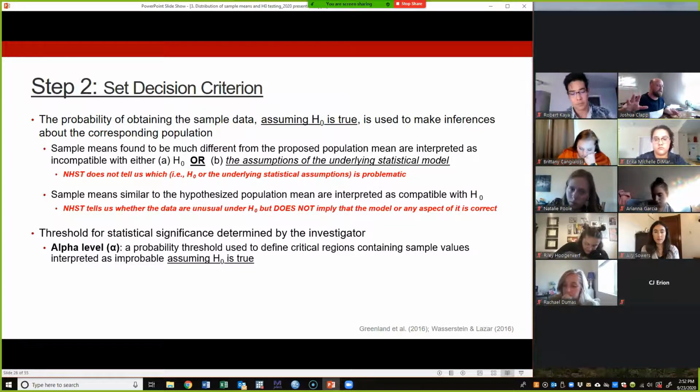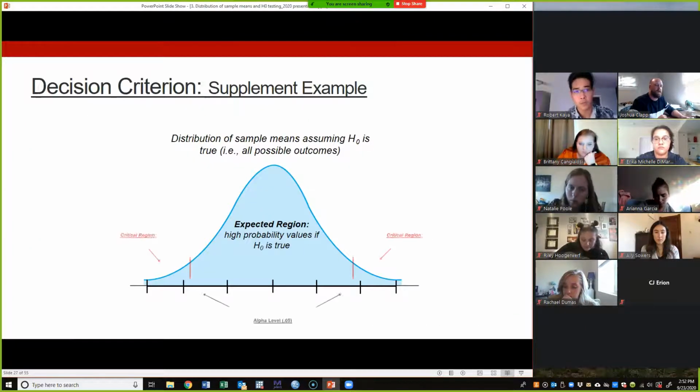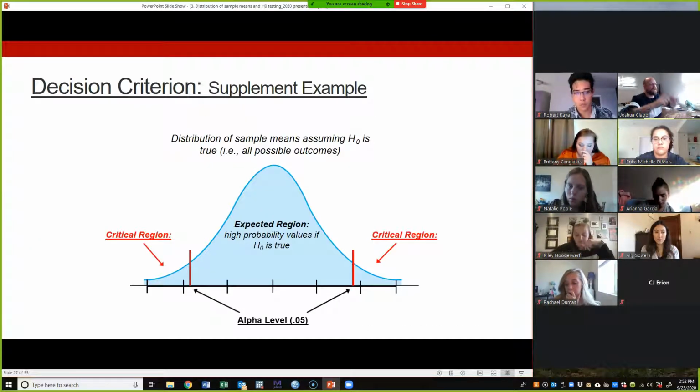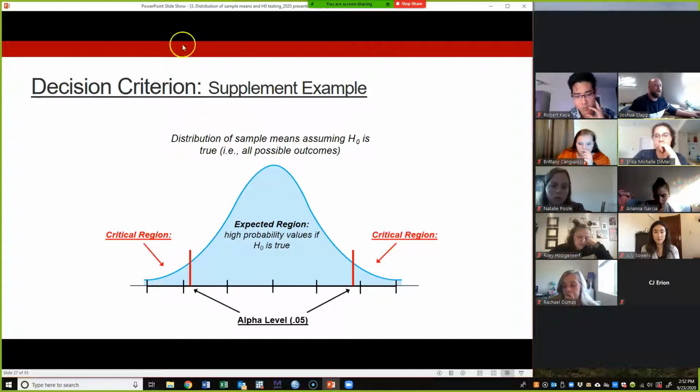Okay, and this is set by your alpha level. So again, if we're plotting this out in a traditional Z-curve, what we've got is a critical region out here in the tails, set by our alpha levels.